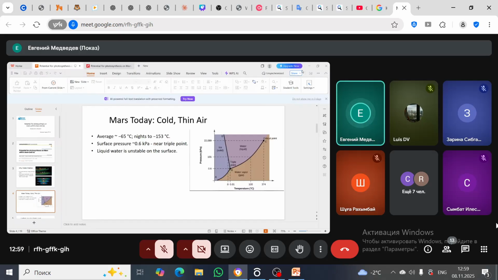And the ice lid would block ultraviolet, and this ice would slow evaporation. So we have like a cap with liquid water where a living organism can exist.